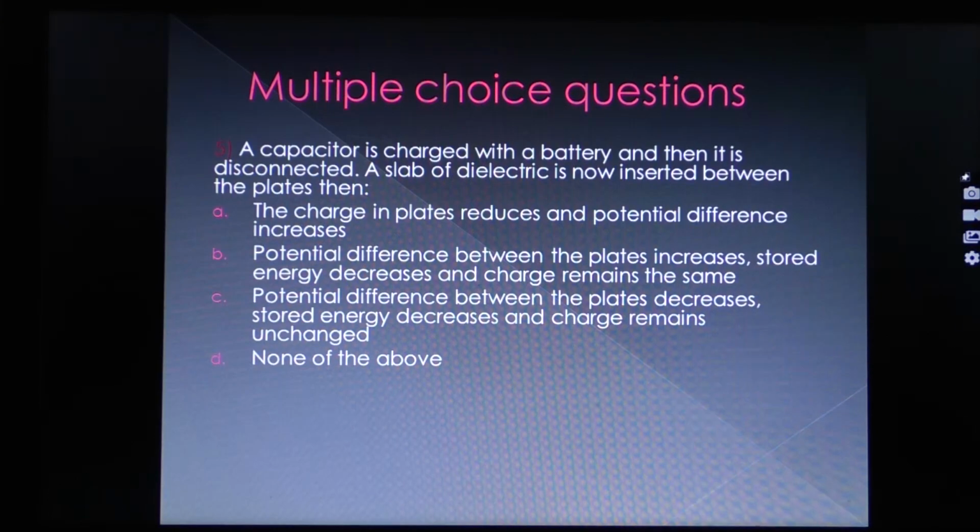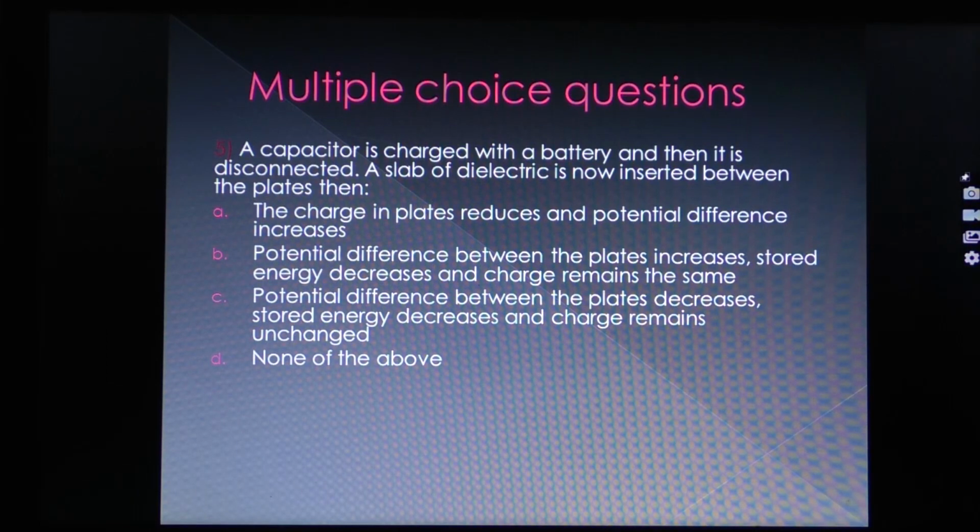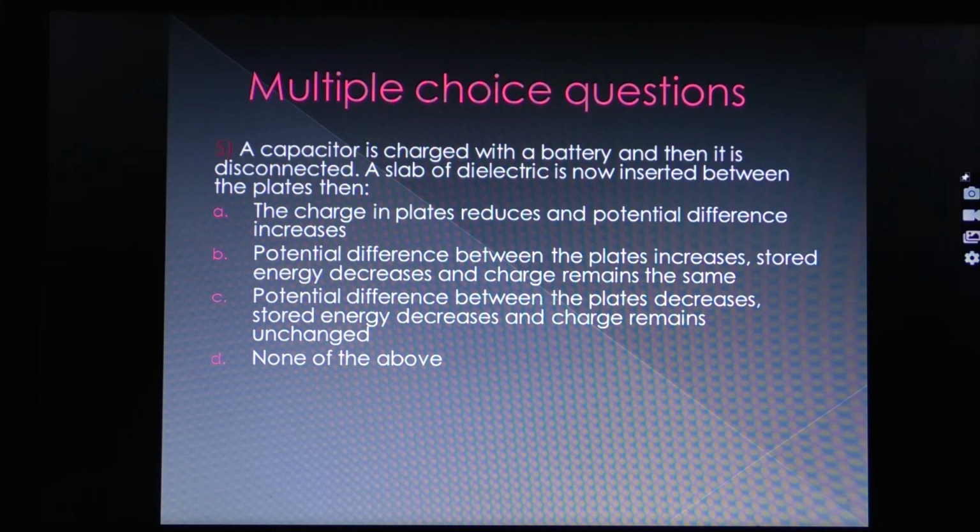All right. Come to the fifth MCQ. A capacitor is charged with a battery and then it is disconnected. A slab of dielectric is now inserted between the plates. Then: A, the charge on the plates reduces and potential difference increases. B, potential difference between the plates increases, stored energy decreases and charge remains the same.